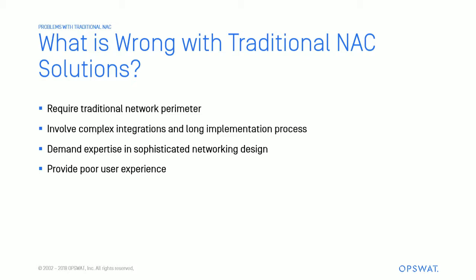Even if you can rely on a traditional perimeter, you've got other issues having to do with how complex the integrations are. You'd have to deal with VLANs and network segments, and that results in a very long implementation process for a traditional NAC solution, typically lasting months.